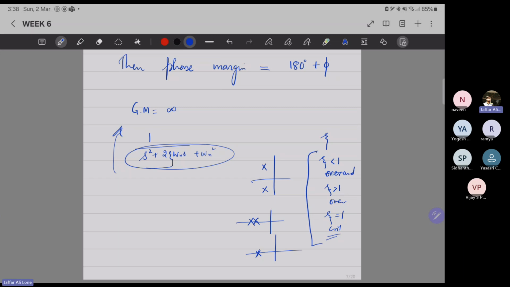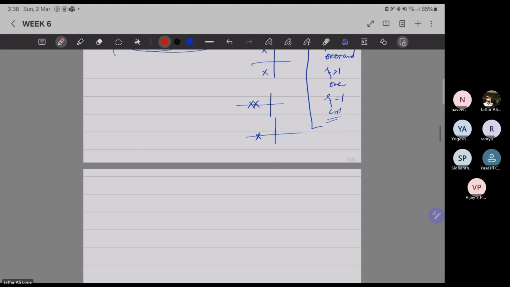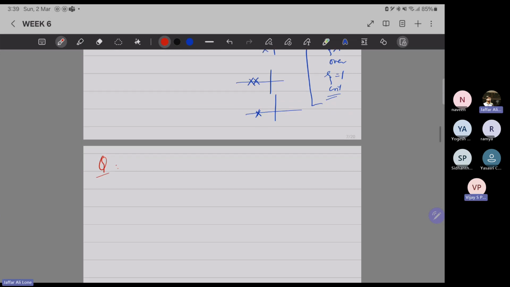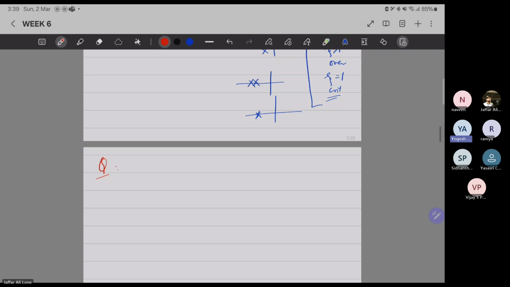Okay, so let me see whether there are any questions. When gain margin is infinity, is the system unstable? No, it will be stable.